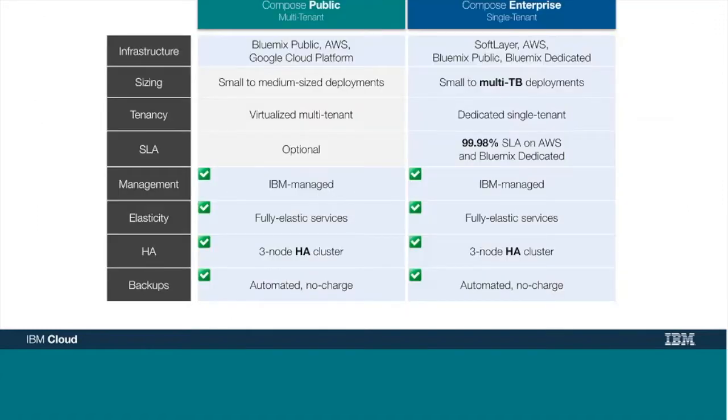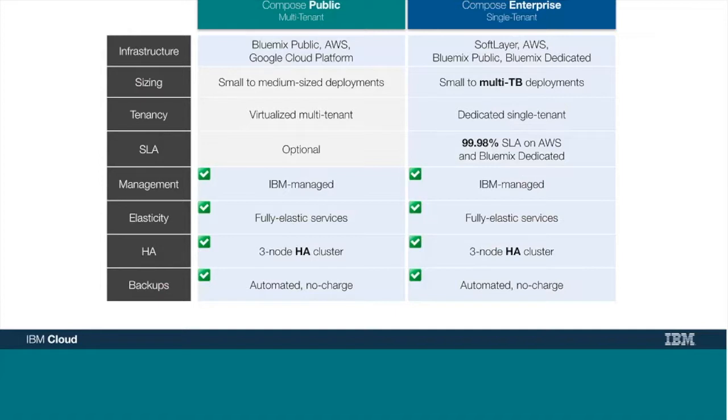So, a feature comparison to set up the two: you do get the same infrastructure. You do get slightly larger size capabilities on enterprise, and that's just because we removed some of the multi-tenant capability. Tenancy: you get virtualized multi-tenant versus dedicated multi-tenant. With SLAs, public is an optional SLA.